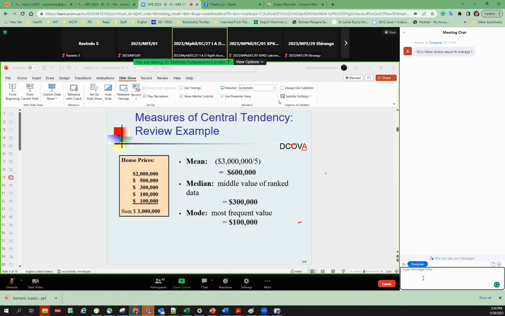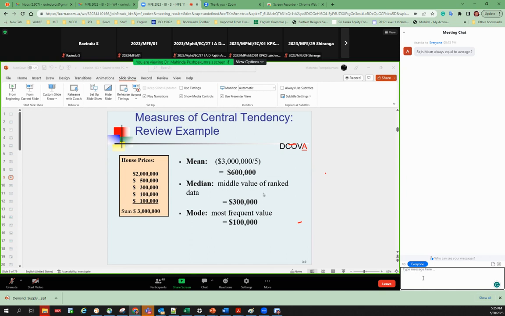So the data is very highly dispersed, I believe. Okay. But later we will learn how to identify the variation or dispersion of the data set. For now, we learn only three measures: the central tendency measures, mean, median, and mode.